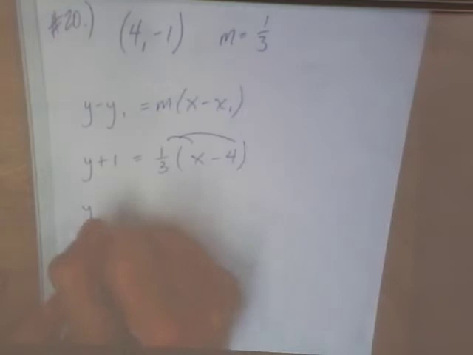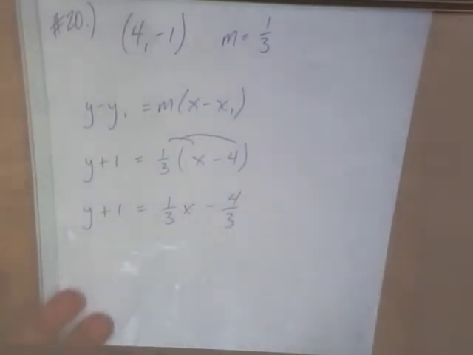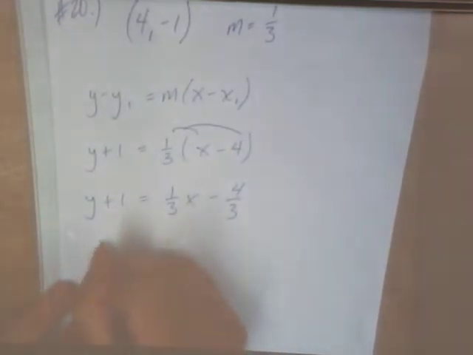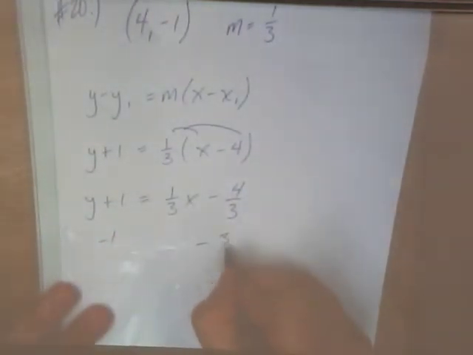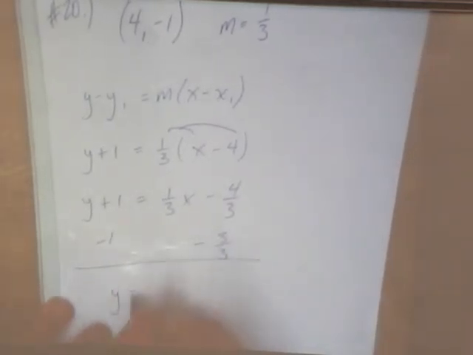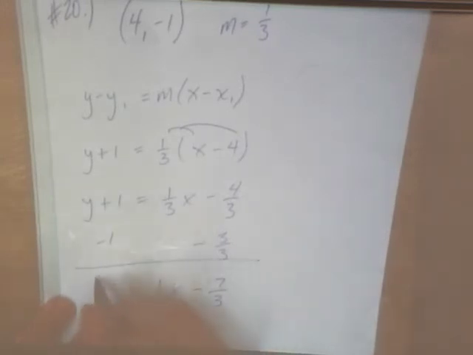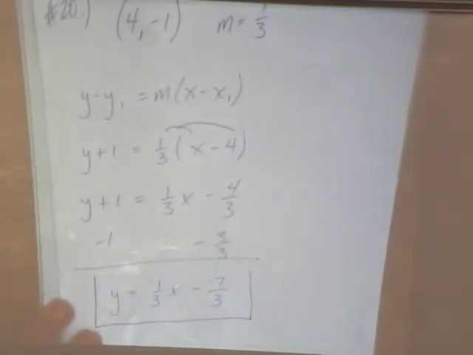First we have to distribute. 1/3 x minus 4/3. And subtract the 1 over. Minus 1 is minus 3/3. So I'll end up with y is equal to 1/3 x minus 7/3. Questions? Okay.